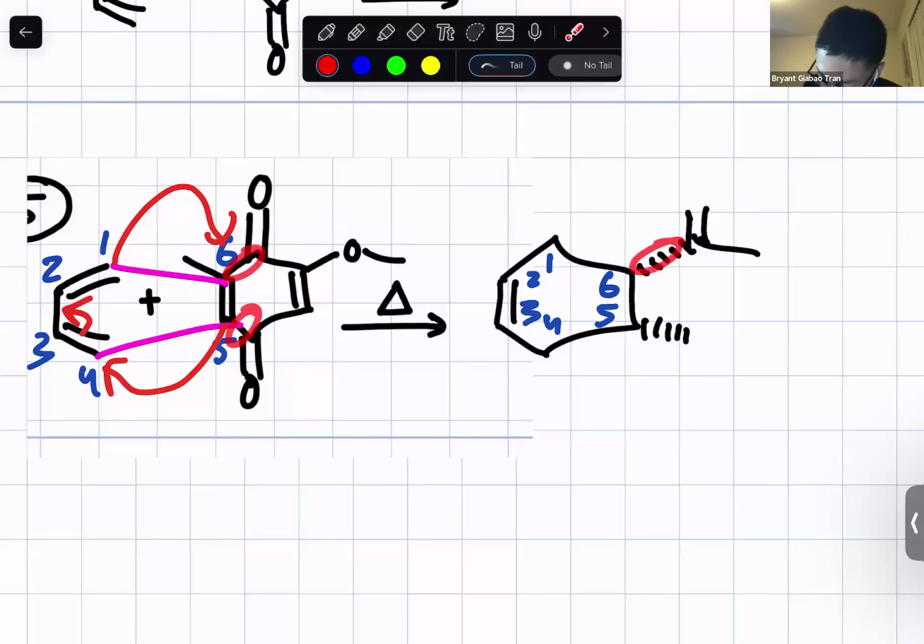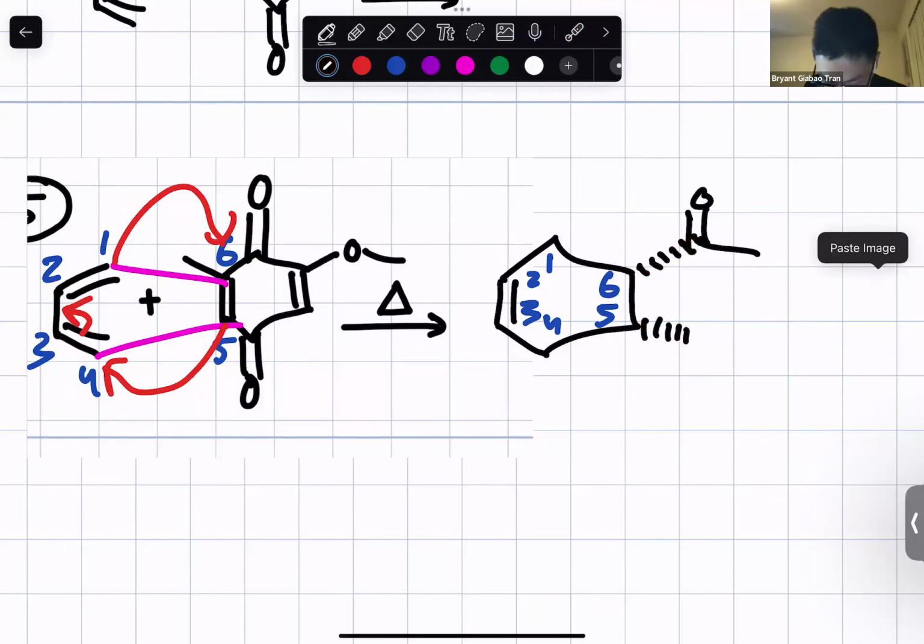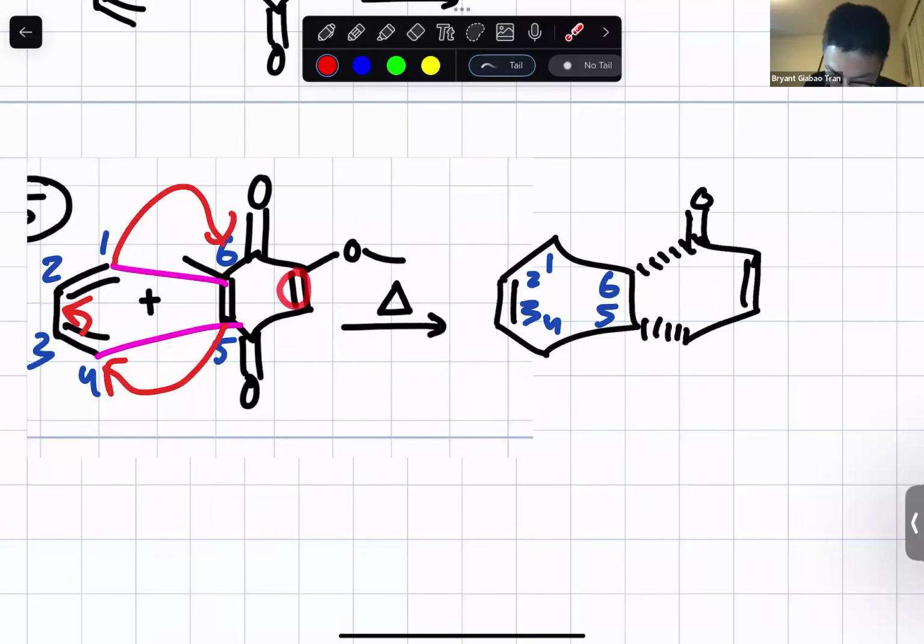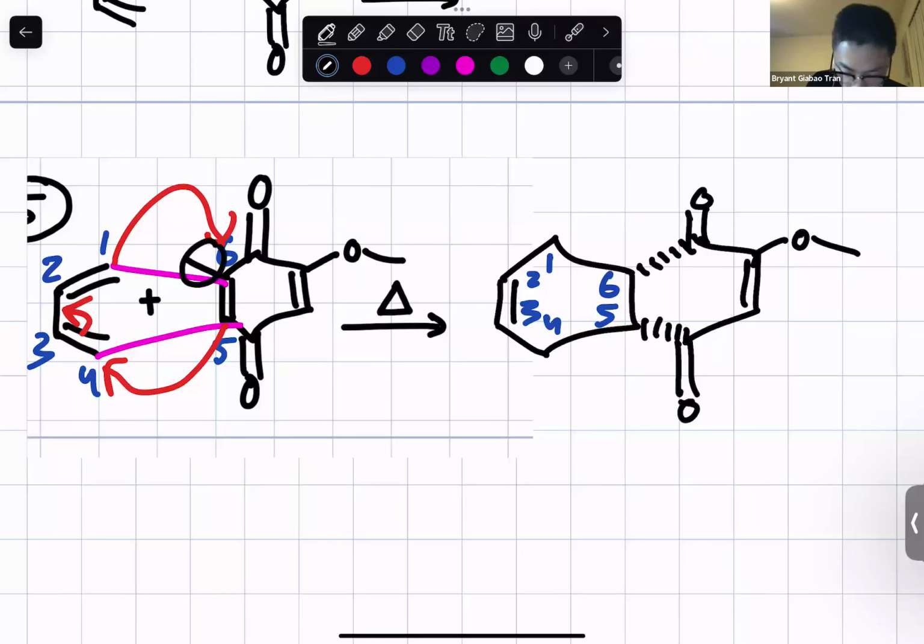So I have to make them cis to each other. So if one of them is a dash, the other one would also have to be a dash as well, right? This one here did not react. That's part of the decoration of the dienophile. So that's just staying as that right there, right? You could think of this methyl group right here as trans to this carbonyl here.